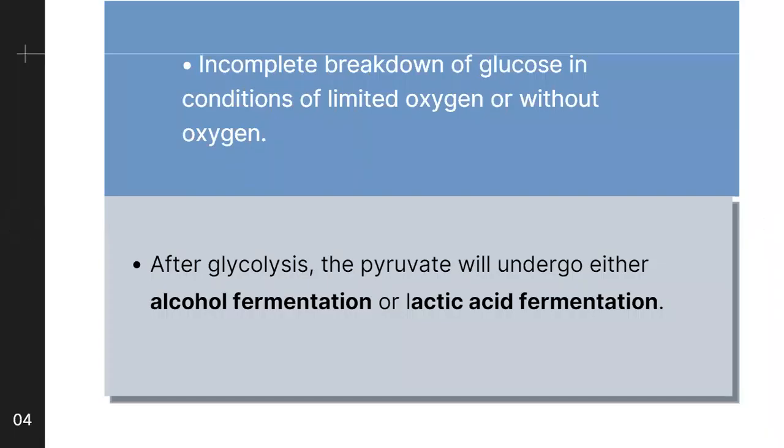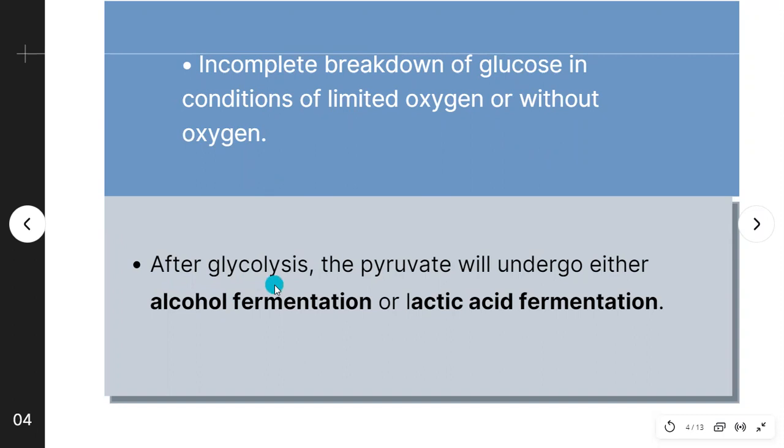Fermentation is a process of incomplete breakdown of glucose in conditions of either limited oxygen or without oxygen. So it's the opposite of aerobic respiration, which needs to break down glucose in the presence of oxygen. Fermentation is carried out in conditions of limited oxygen or without oxygen, okay?